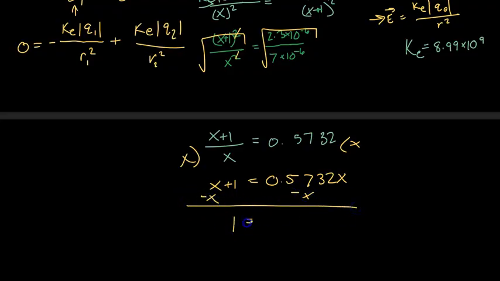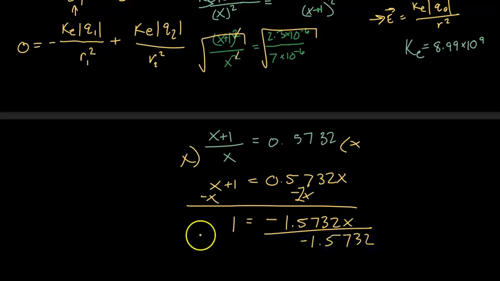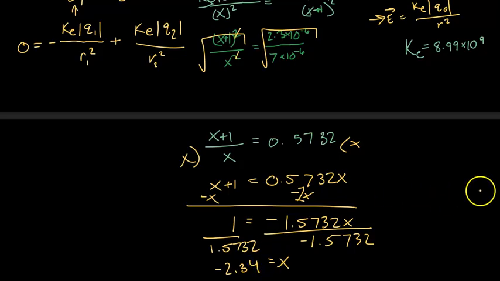So then we get 1 equals, subtract 1x to make it easier, minus 1.5732x, and then we will just divide both sides by 1.5732. And we should get that our x equals negative 2.34.